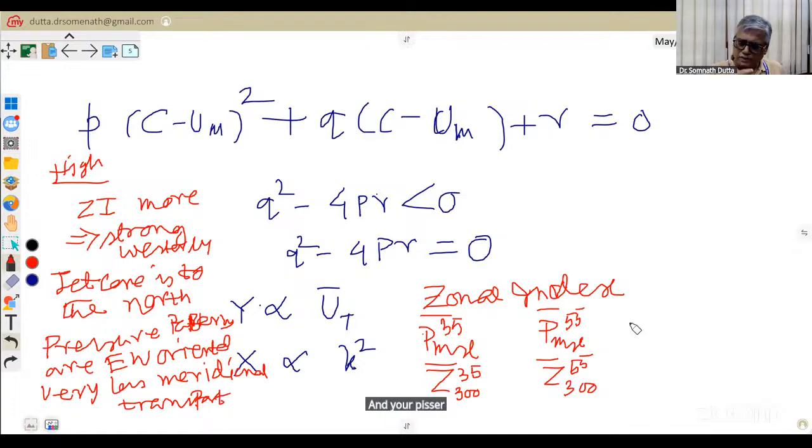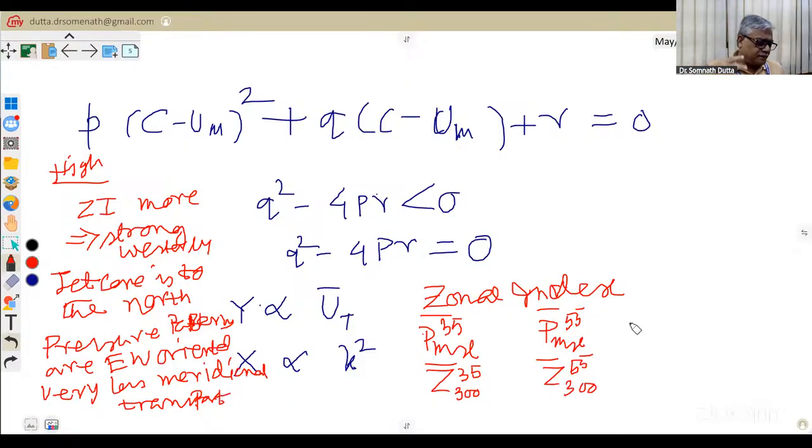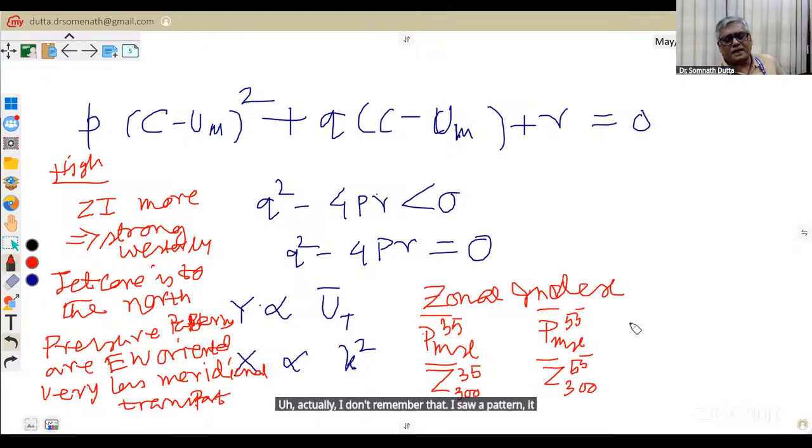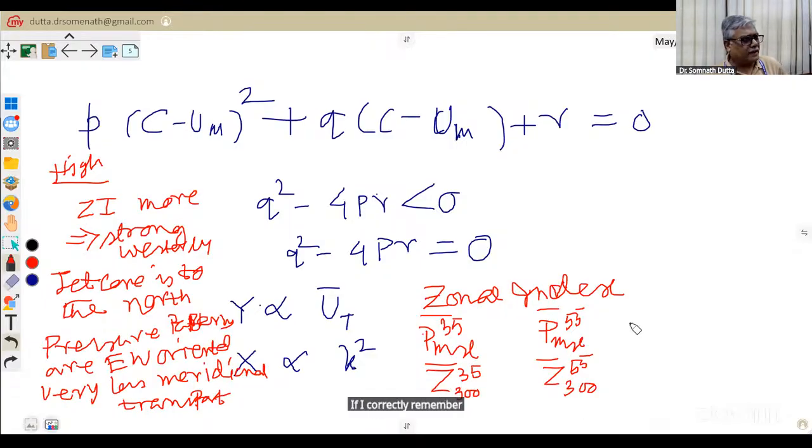fields mostly north-south oriented. Even you must have seen, sir, that whatever recent depression has gone, I don't remember the isobaric pattern exactly, but mostly it was north-south oriented, if I correctly remember. I also analyzed the pressure field for 1-2 days.